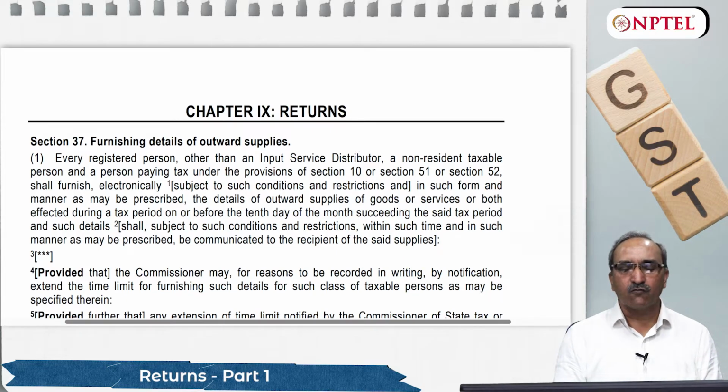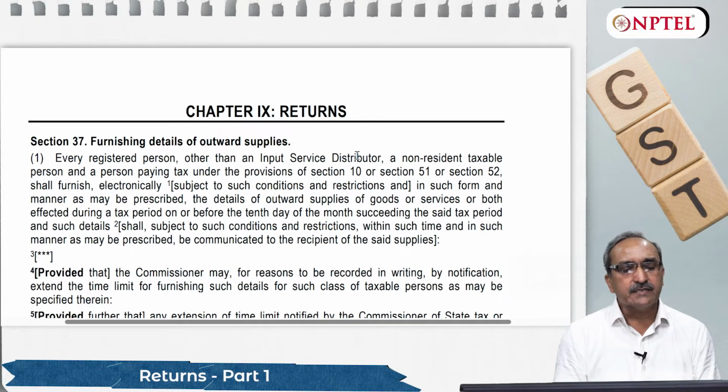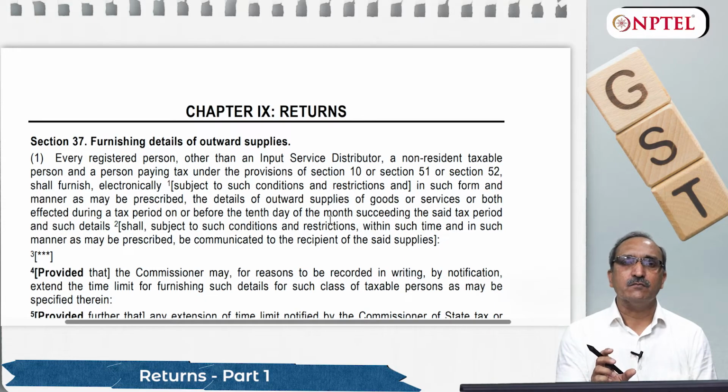Details of outward supplies means whatever goods or services you have sold. Goods you have sold, services you have provided, goods or services or both. It can happen that in a particular transaction you have supplied both, you have sent goods as well as provided services. Effected during a tax period, on or before the 10th of the next month. So during a particular tax period means during that particular month.